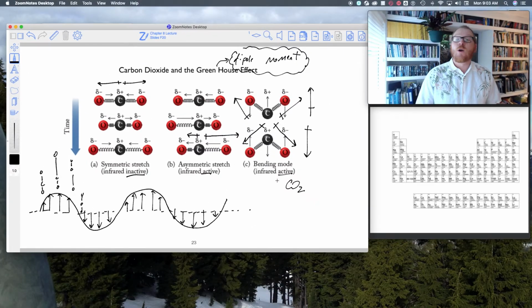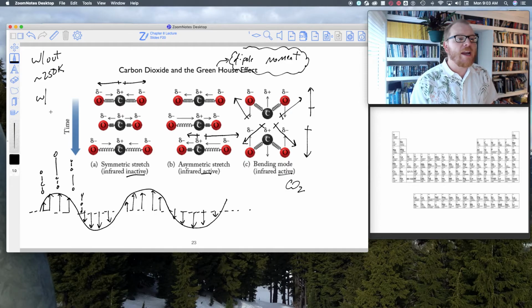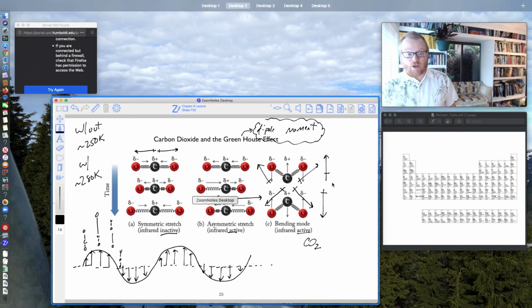And in fact, we should be lucky to have a little bit of a greenhouse effect because the planet would be way too cold. Without the greenhouse effect, the average planet-wide temperature would be roughly 250 Kelvin. With the greenhouse effect, the average planet-wide temperature is roughly 280 Kelvin.